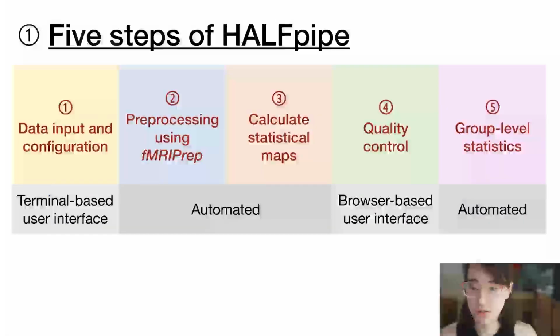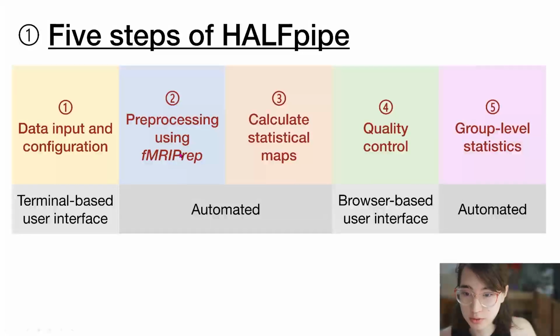So how does this look in HALFpipe? The first step is data input and configuration. So we wanted to streamline this as much as possible. It's in the terminal, in the command line, but it will actually pop up inside the command line, and it will ask you questions about your data. So it's a bit more interactive than most command line interfaces.